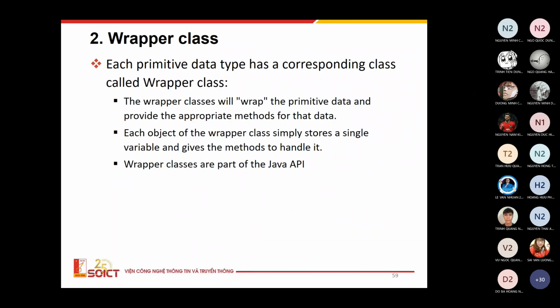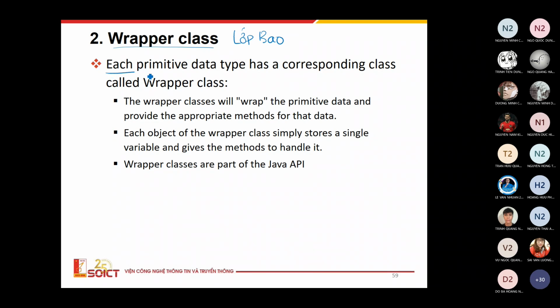And we talk about the wrapper class. You know that in Java we have the primitive data types. And Java creates for each primitive data type a corresponding class and calls it the wrapper class.